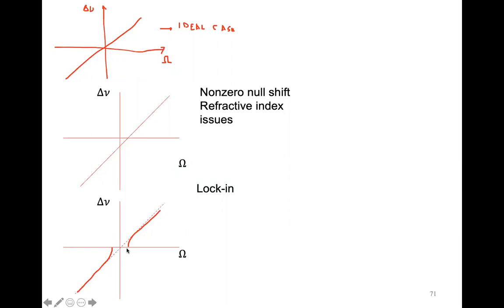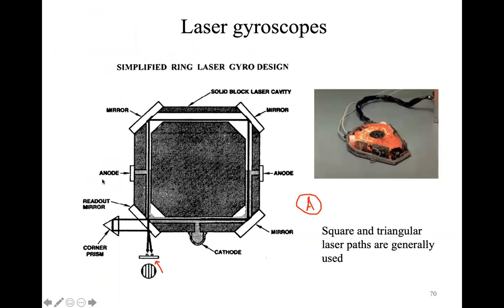This represents a main problem, and one of the main solutions for this lock-in problem is to, for example, provide a different polarization between the two beams. That's the reason why, for example, here you can find anode and cathode.